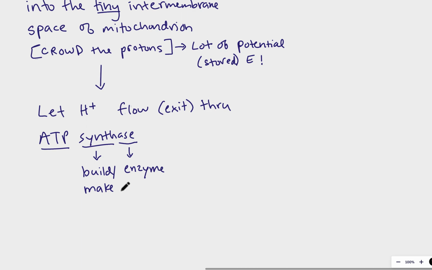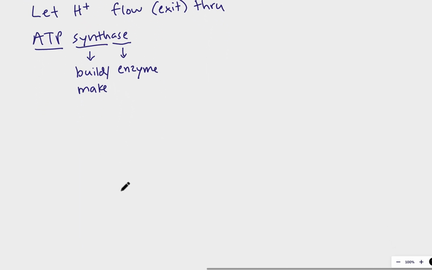And how that works is that we take ADP, remember di means two, this is adenosine diphosphate. So if we think about it, the adenosine and ribose, and then we have two phosphate groups here.